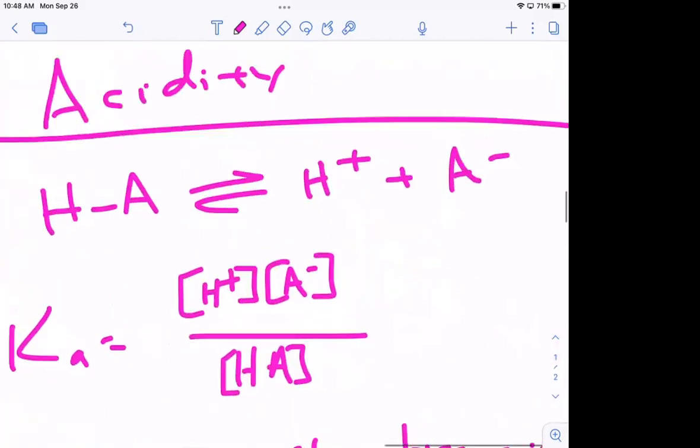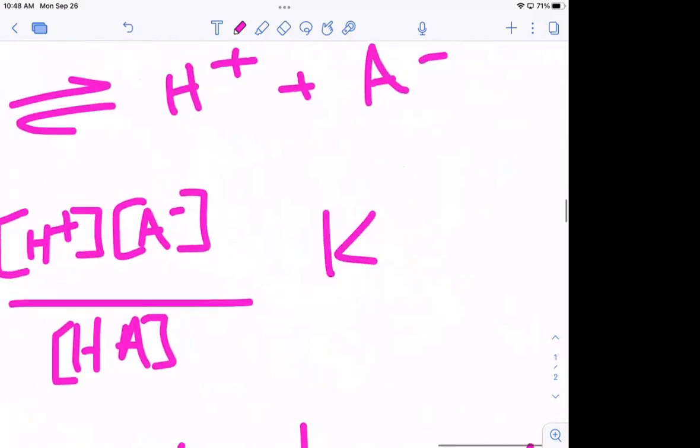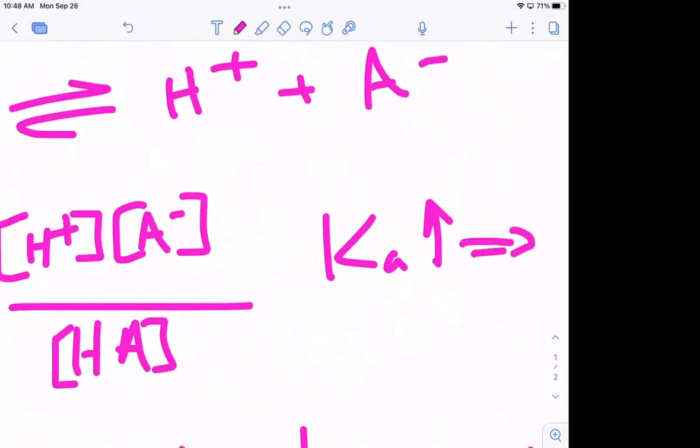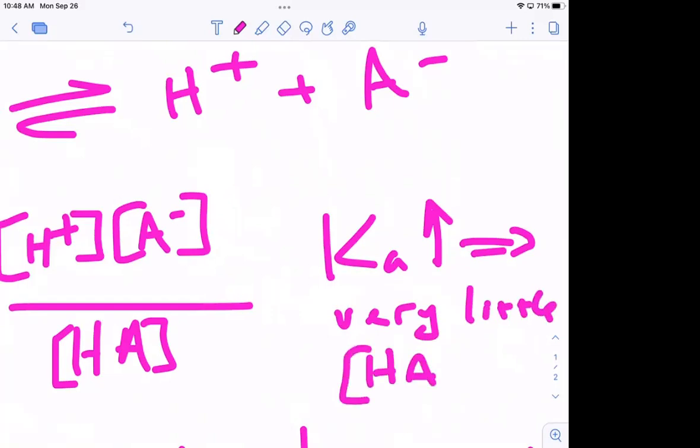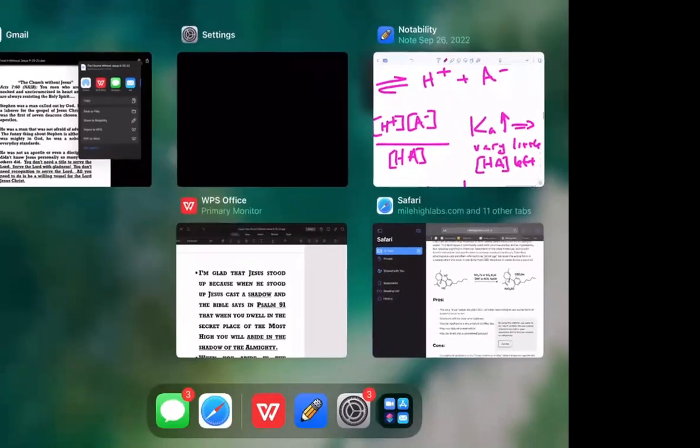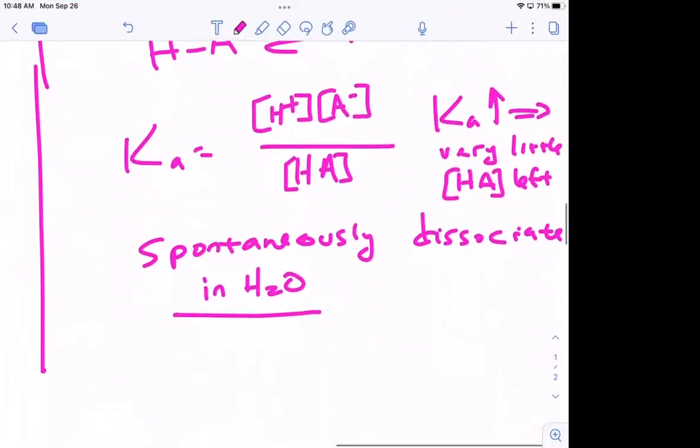If Ka is a big number, that means there's very little HA left over. If Ka is a small number, then the opposite is true.